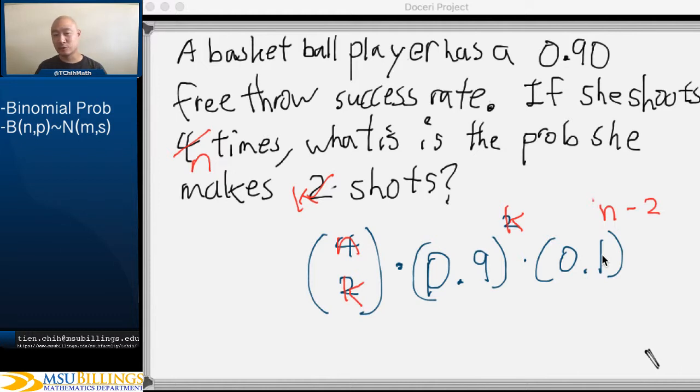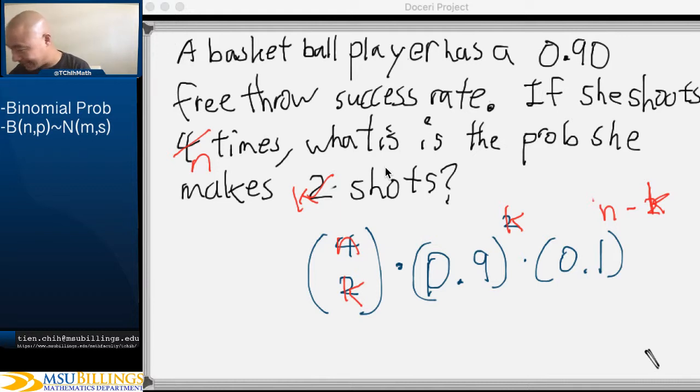And then instead of n minus 2 of them being failures, n minus k of them are failures, right? And so this would be the formula as listed here for if she has a 90% chance free throw success rate and she shoots n times and she makes k shots.